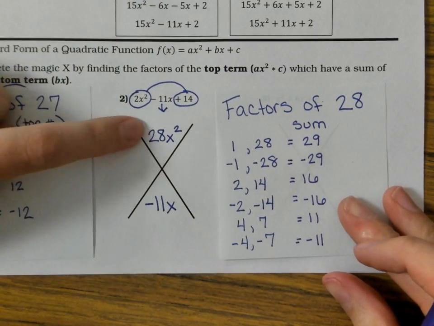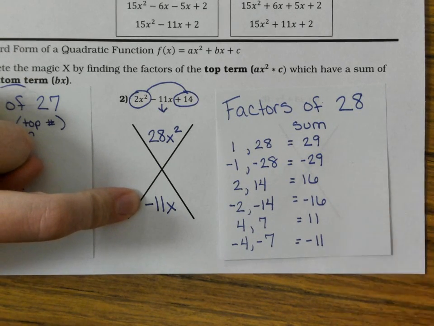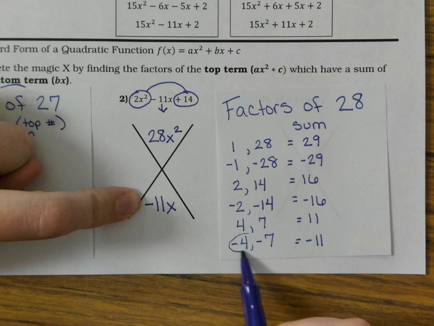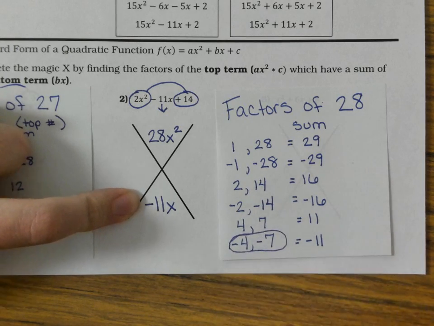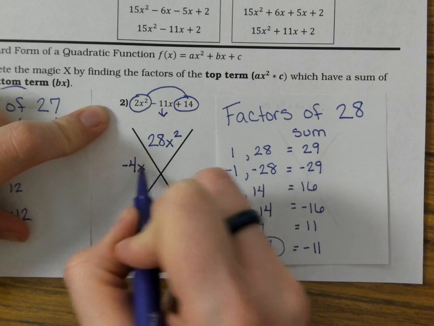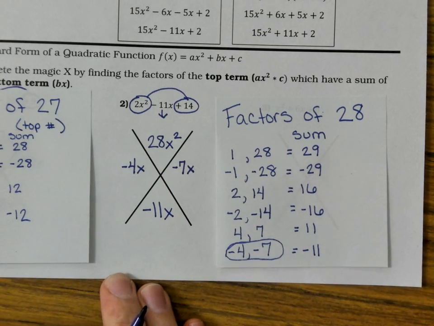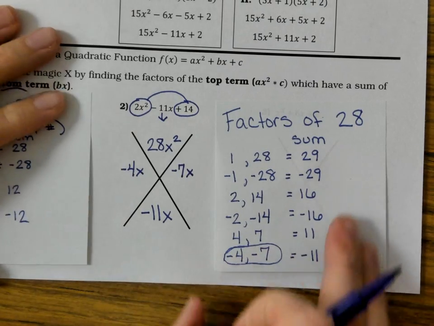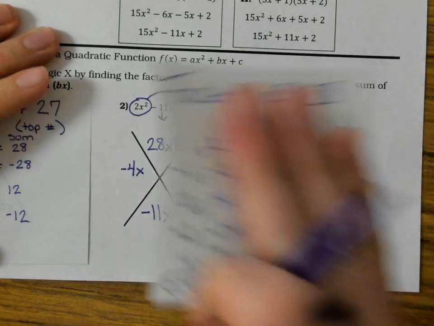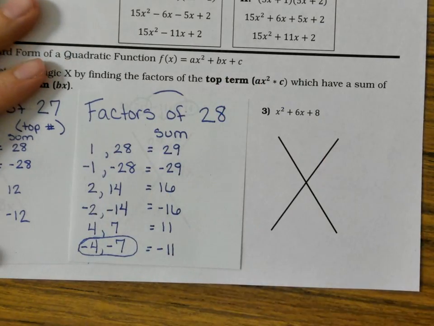So which factors of 28 add to -11? Well, right here. So that's what goes on the sides of the x. -4x, -7x. You want to keep this because it's going to come in handy in a little bit.